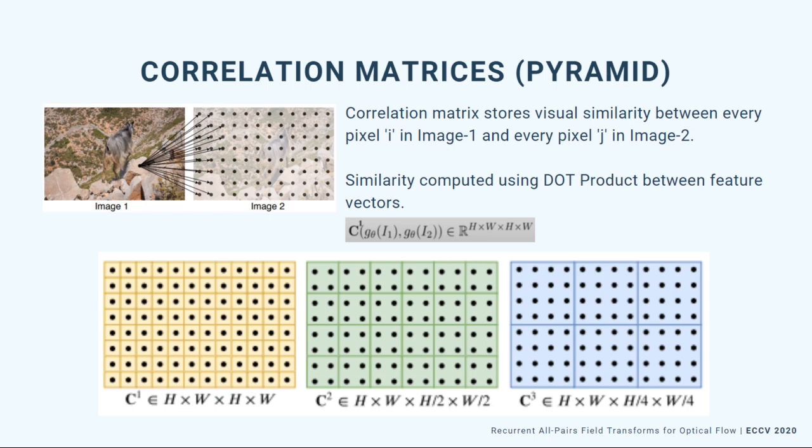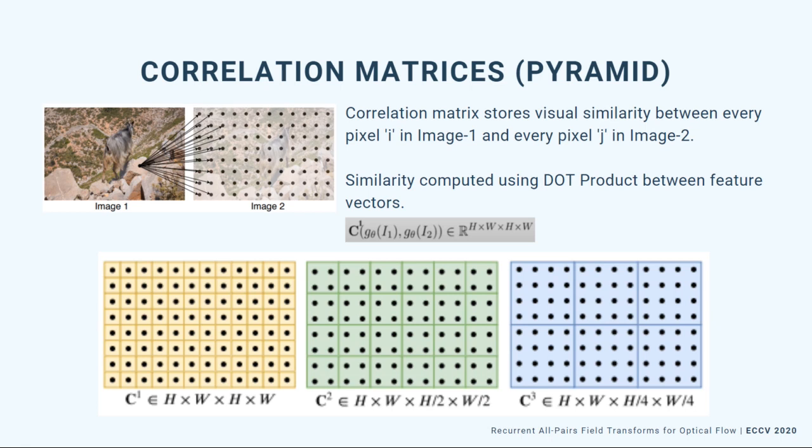Here we take the 2D slices of the full 4D volume. So each pixel in image 1 can produce a 2D response map for image 2, and after this we apply 2 by 2 average pooling 3 times to get a full correlational matrix at different stages.